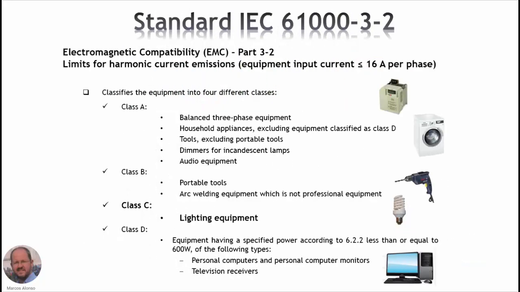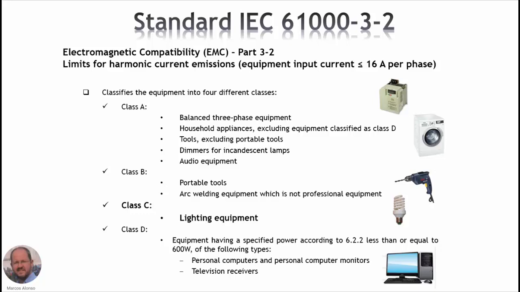When working with offline LED drivers, it's also important to know the different standards that are related to this equipment. One of the most relevant standards is this one, the IEC 61000-3-2, which limits the harmonic current emissions in equipment with input current below 16 amperes per phase.